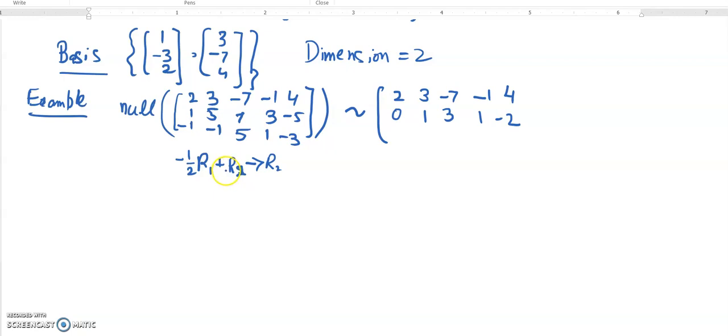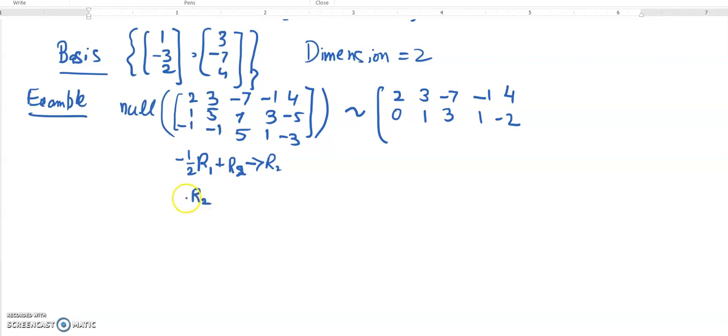Then I multiplied that row, that is the second row, by 2 by 7.